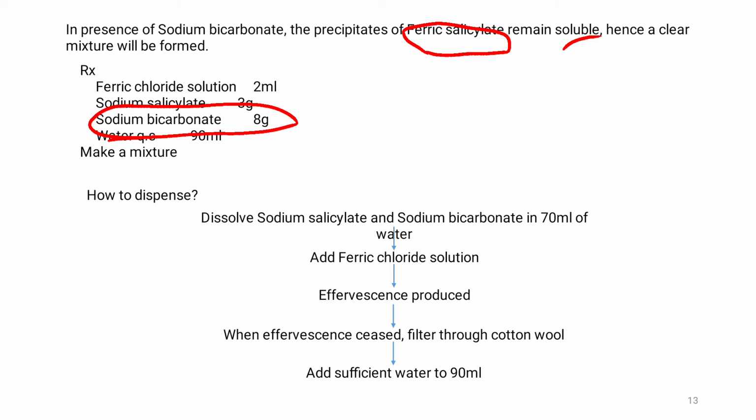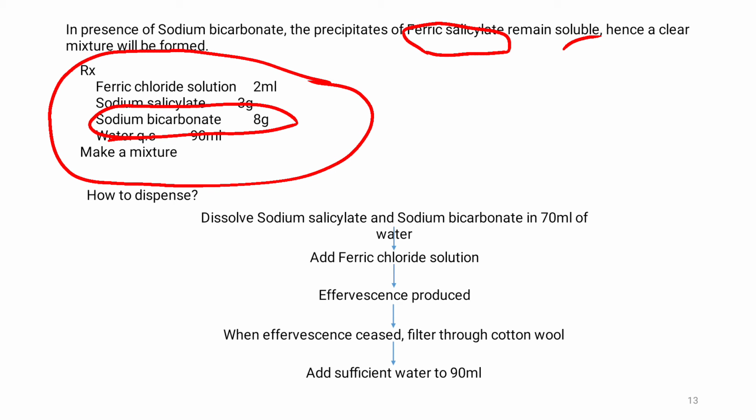Then how can we dispense or prepare this formulation? First of all, we weigh sodium salicylate and sodium bicarbonate. Then take 70 ml of water. Sodium salicylate and sodium bicarbonate are dissolved in 70 ml of the water. Here we require 90 ml, so we can take 3 by 4th of the water, 70 ml.